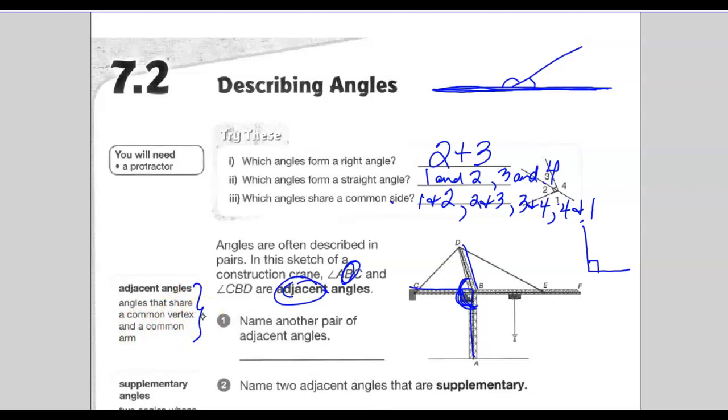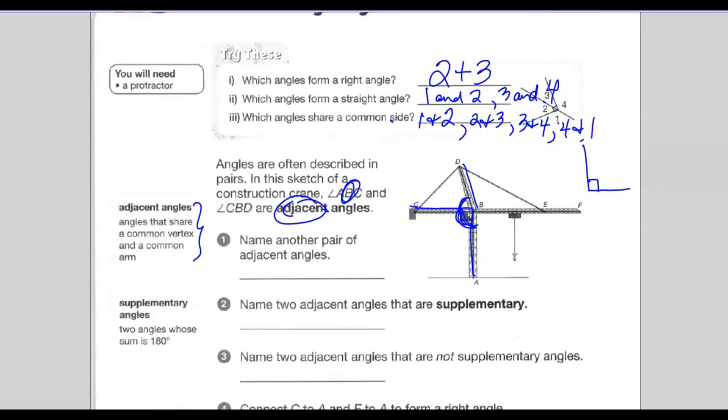So name another pair of adjacent angles. So we've already done those two. So you could do angle ABC and angle ABE. That one and this one, right? Because they share that side. We could do angle ABE and angle EBD.